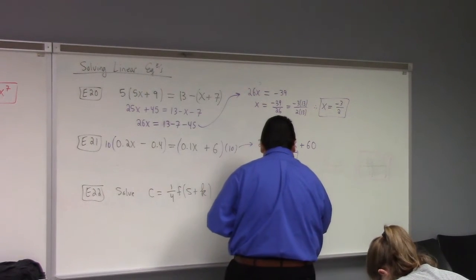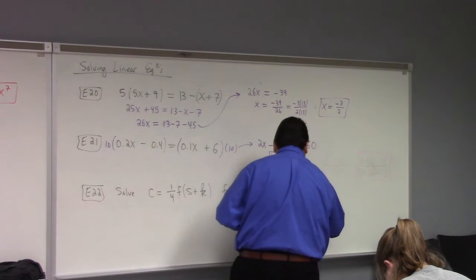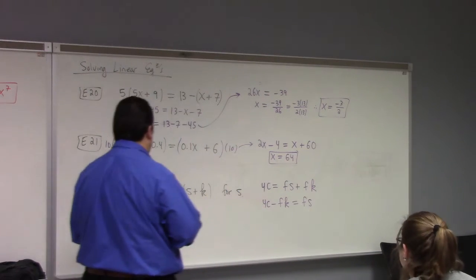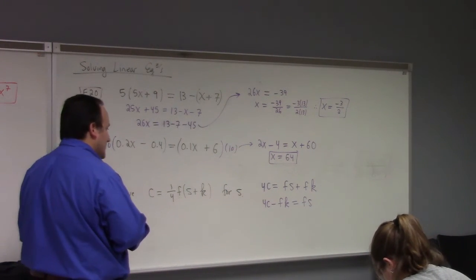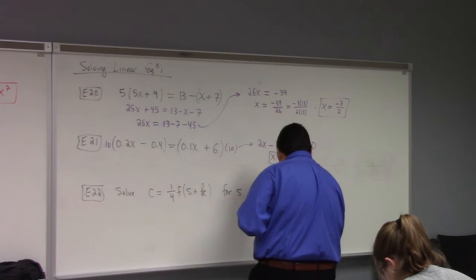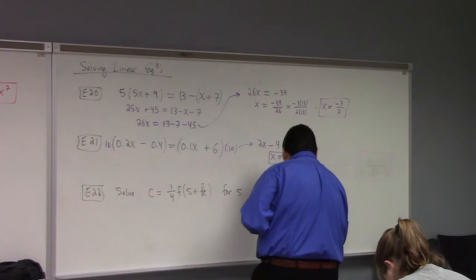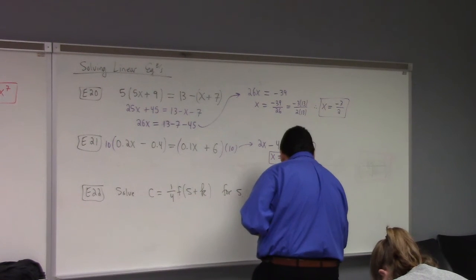I get 4c minus f times k equals f times s. Whoever wrote this problem is evil. s is equal to (4c minus f times k) divided by f.